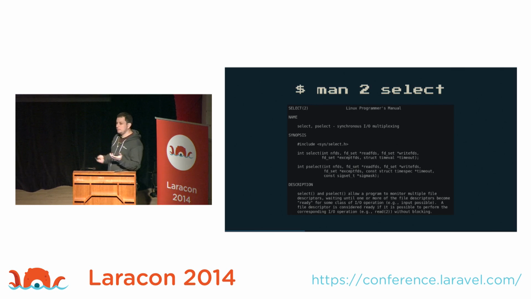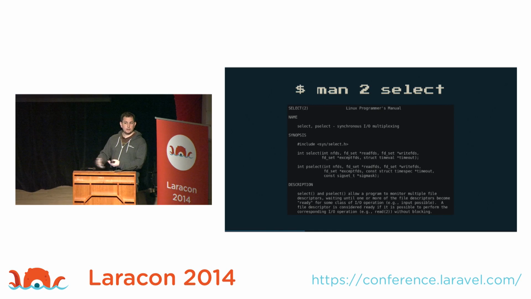If you're familiar with man pages, basically the manual for Linux and Unix, the select call goes back a long way. It's a really old system call. And we just give it the file descriptors. In PHP's case, when you open a file or you get a file resource, it's comparable to what we're passing in here. We give it a list of file descriptors, and we say, I'd like to wait for this long for my polling time.